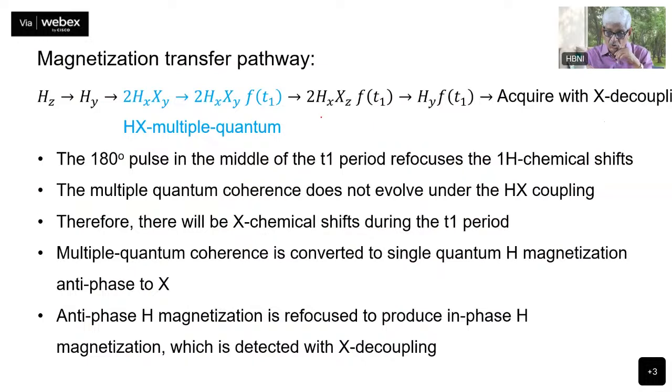Now this is proton magnetization, which is antiphase with respect to X. Now this will evolve under the coupling to give you HY FT1, and then you acquire with X decoupling. So you acquire a proton signal, decoupling the X nucleus.